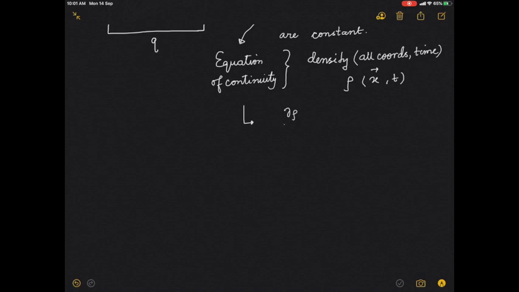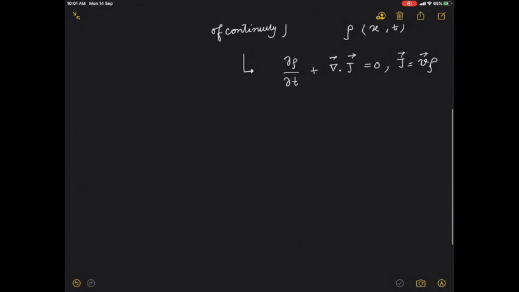Then the equation of continuity gives you that del rho del t plus divergence of j equals 0, where j is called the flux or the current, given by v times rho, where v is the velocity of the fluid. How does this come about physically?